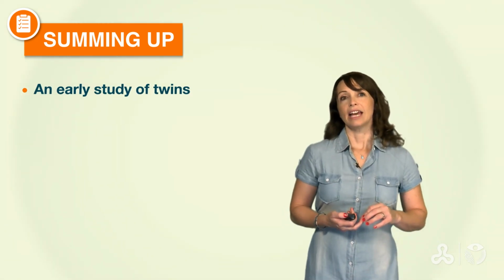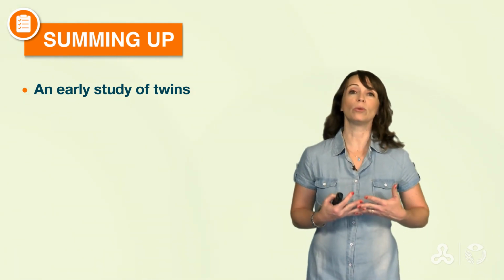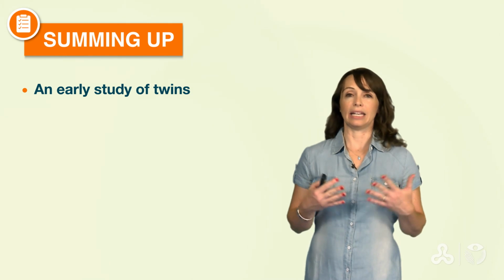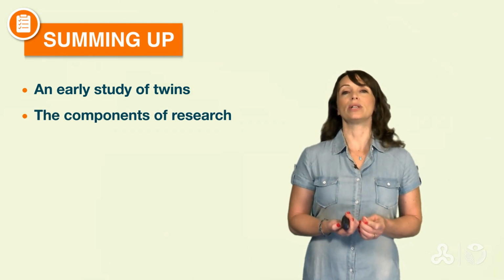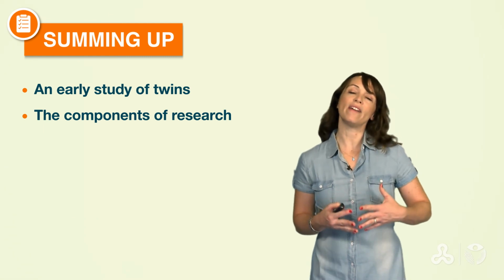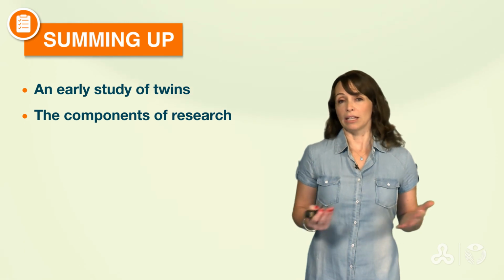So now let's sum up. בואו נסכם את כל העבודה הקשה שעשינו פה ביחד, בעיקר אתם. In this text we looked at an early studies of twins. כן? הסתכלנו על מחקר מאוד מאוד מוקדם על תאומים. We looked at the components of research. עשינו סקירה ועברנו על כל המרכיבים החיוניים של מחקר.